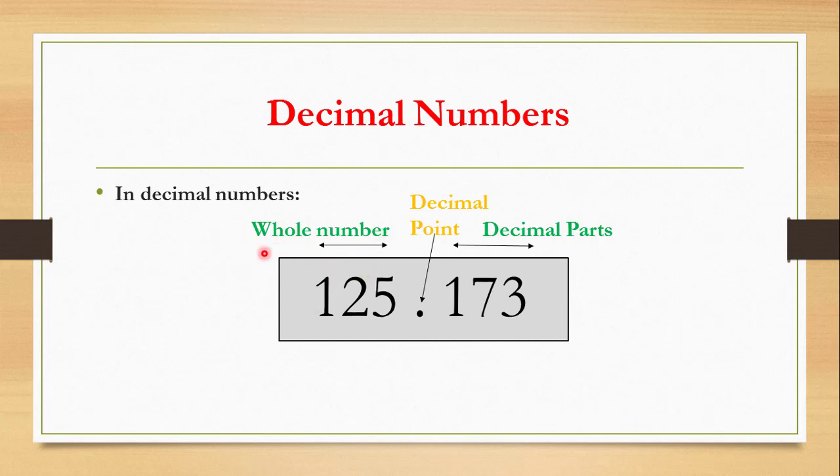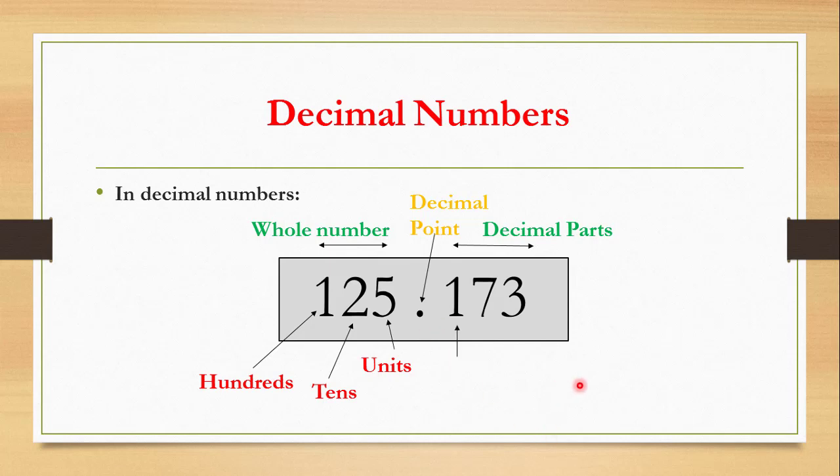In the whole number we have the places we studied before: units, tens, hundreds and thousands, 10,000 and so on. To the right of the decimal point we have the decimal part. Start from the right of the decimal point.